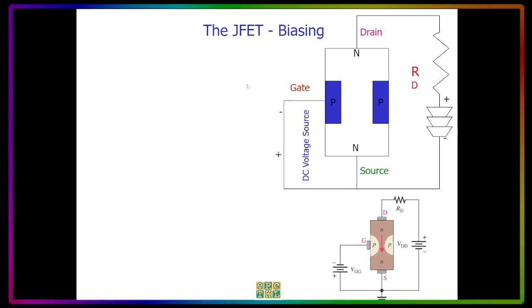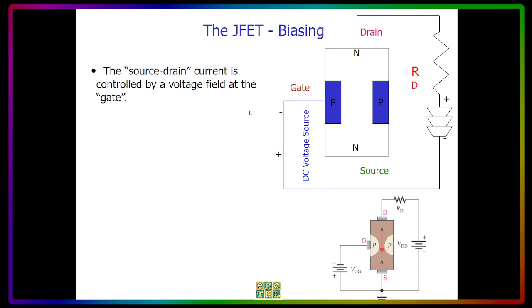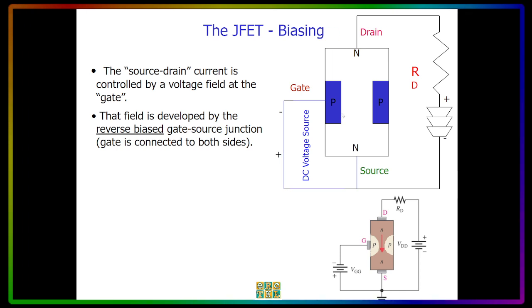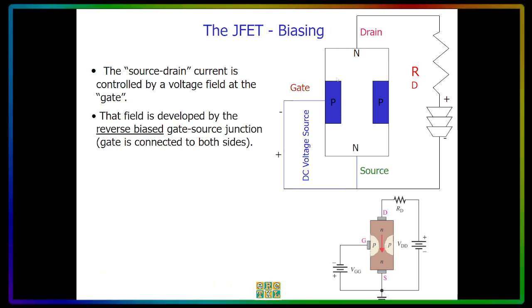Now let's look at this representation of the JFET again. So the source drain current here between the source and the drain is controlled by the voltage field at the gate. So these fields, or what we call depletion layer, is developed by the reverse bias gate source here.